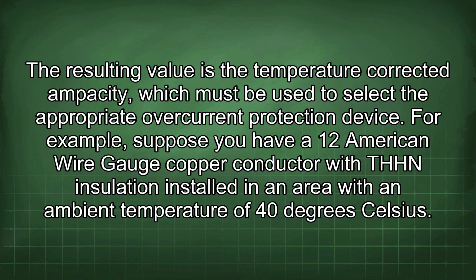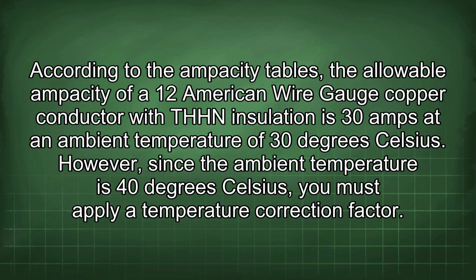For example, suppose you have a 12 American wire gauge copper conductor with THHN insulation installed in an area with an ambient temperature of 40 degrees Celsius. According to the ampacity tables, the allowable ampacity of a 12 American wire gauge copper conductor with THHN insulation is 30 amps at an ambient temperature of 30 degrees Celsius. However, since the ambient temperature is 40 degrees Celsius, you must apply a temperature correction factor.